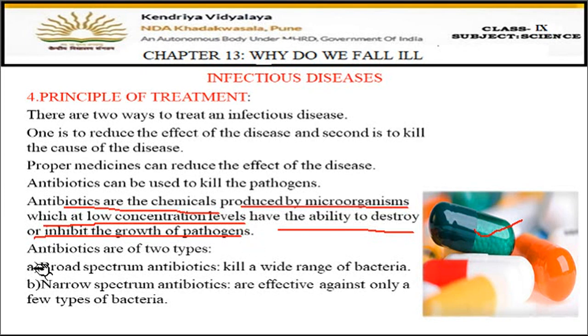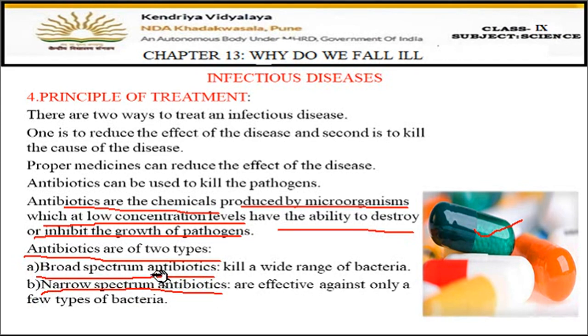Antibiotics can also be of two types. Generally antibiotics work on bacteria. Anti means opposing, so the medicines which oppose bacteria are called antibiotics. The two types are broad spectrum antibiotics and narrow spectrum antibiotics.